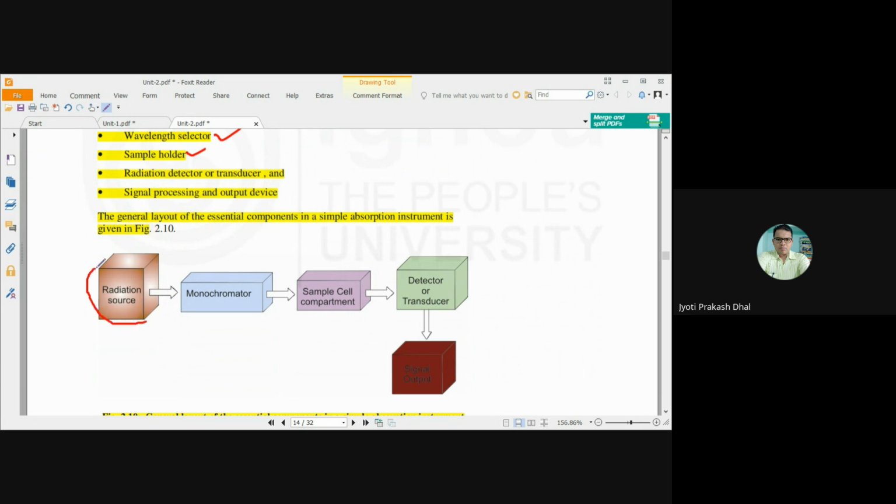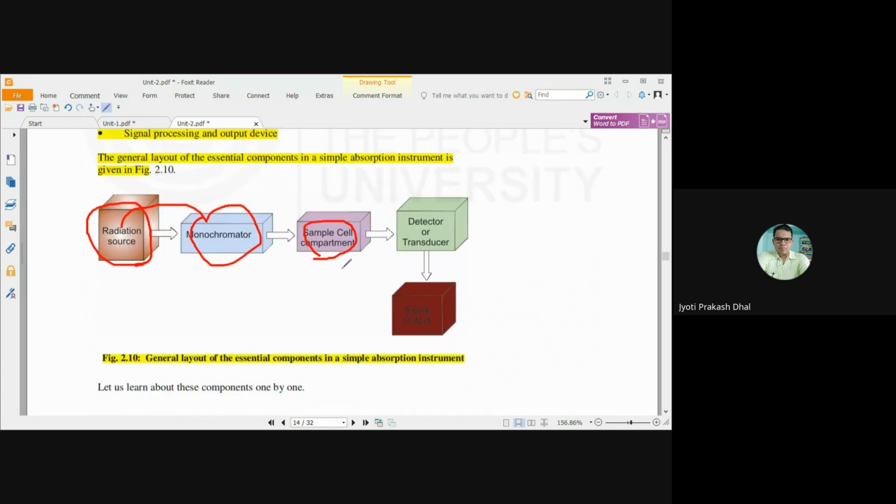The first is the radiation source, then the radiation passes through a monochromator to obtain monochromatic radiation. Then the monochromatic radiation passes through a sample cell containing the sample under investigation, and the sample will absorb a particular wavelength, but not all wavelengths. The transmitted radiation is detected through the transducer, and finally we get a signal for output.